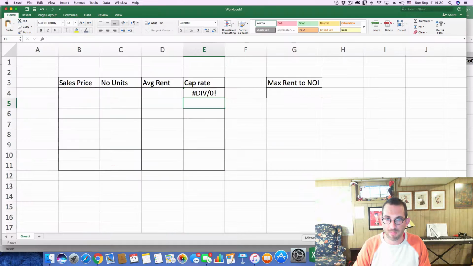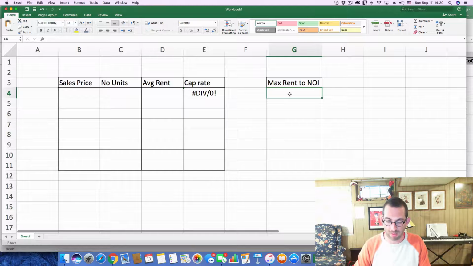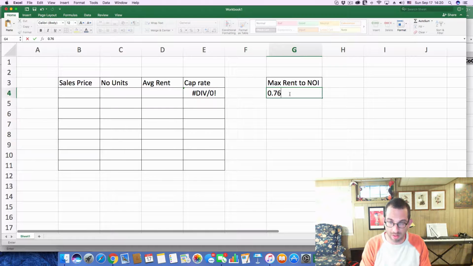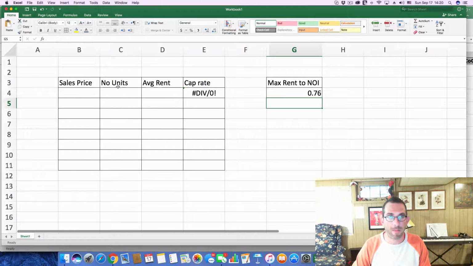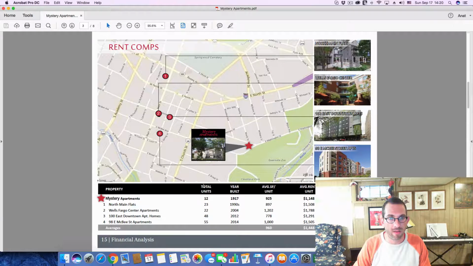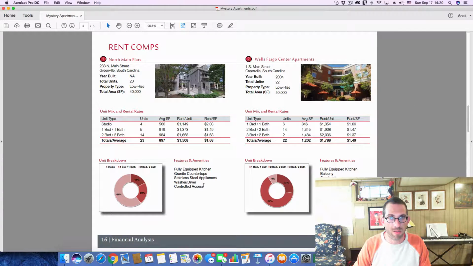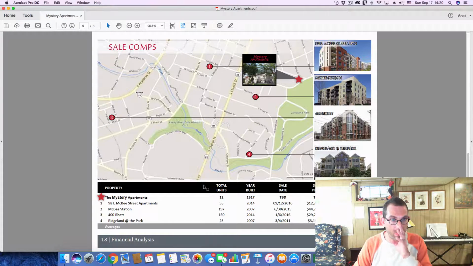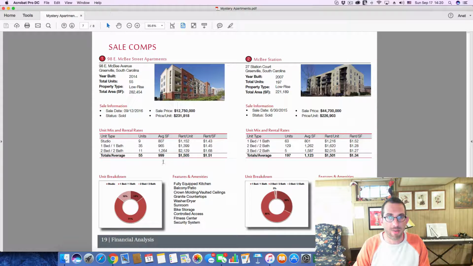So I've prepared this little spreadsheet. If we put in that rate there, we can now start looking at the other apartments, and we don't want the rent comps, we want the sales comps, and see what that means.